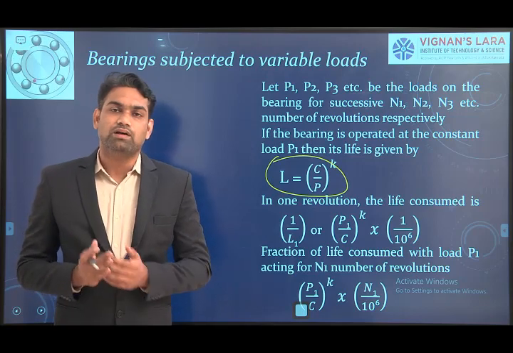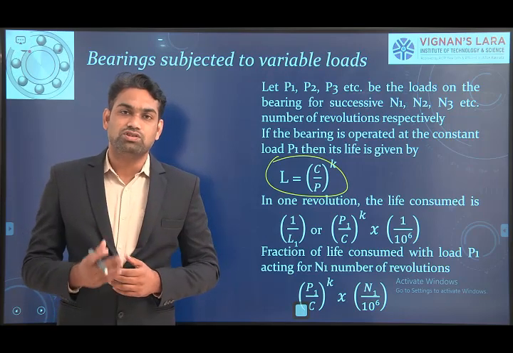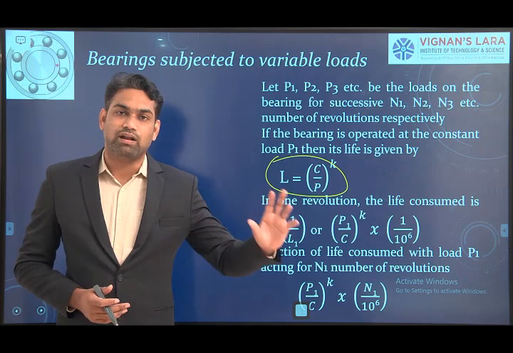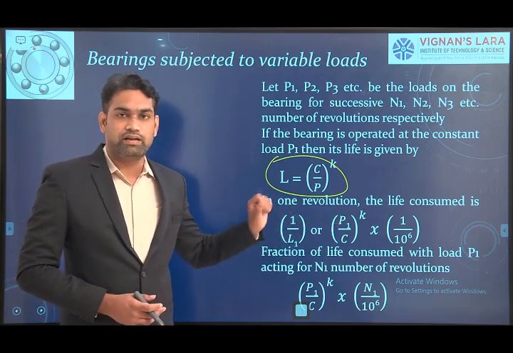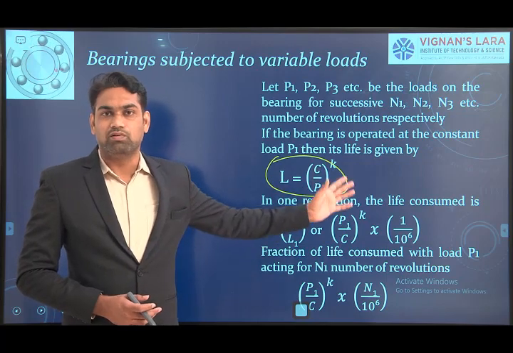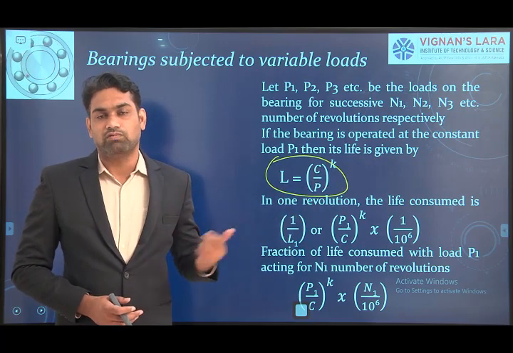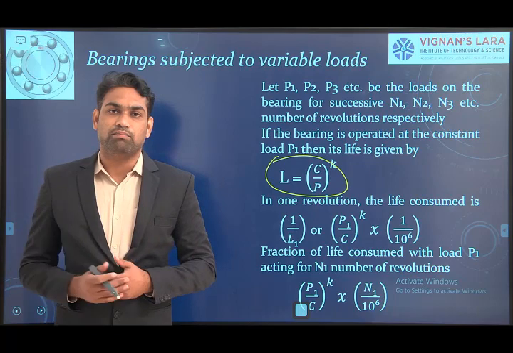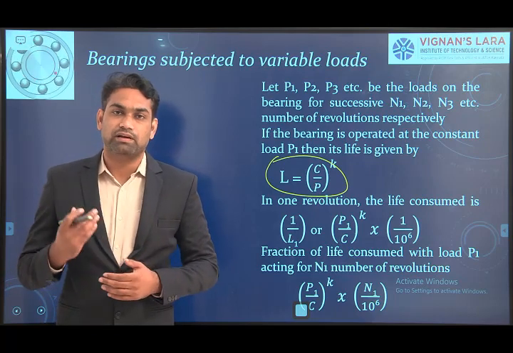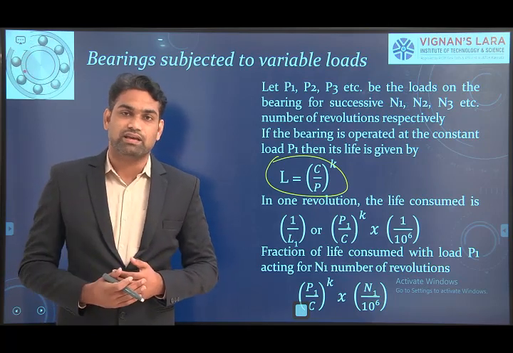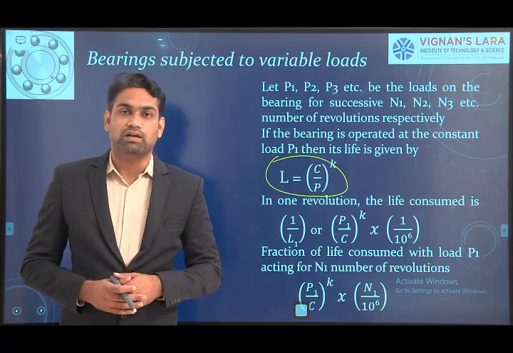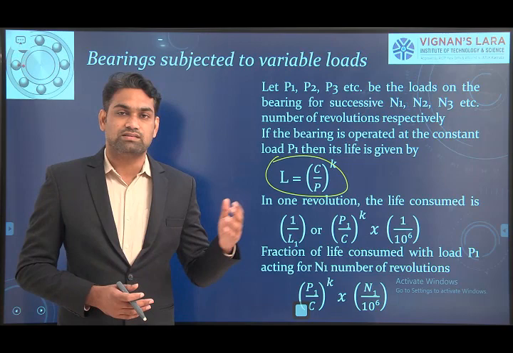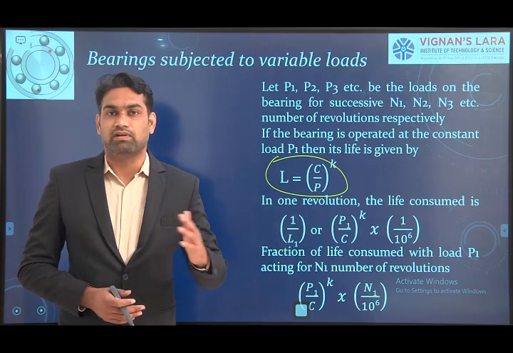From that we wrote that the fraction of life consumed for one revolution is 1 by L1, which is (P1 by C) whole power K into 1 by 10 power 6. For one complete work cycle, we can divide it into three time durations with successive speeds of N1, N2 and N3.